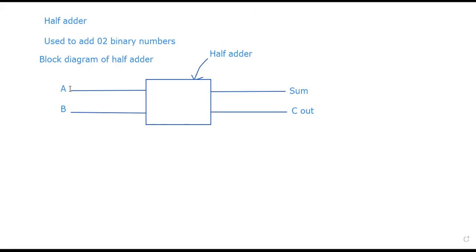The inputs are A and B, and the outputs are the sum and carry out, C out.